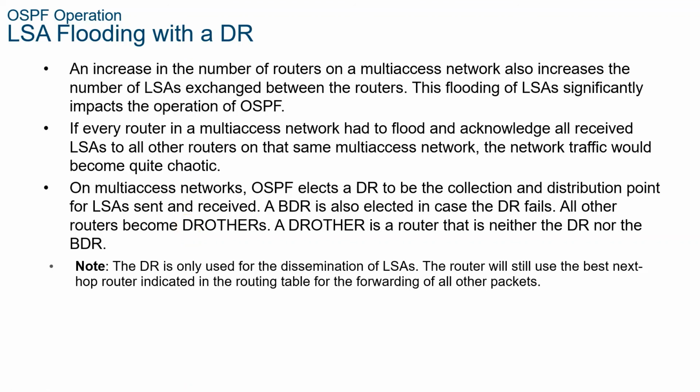The rest are considered to be DROthers. A DROther is a router that is neither a DR nor a BDR. Take note that the DR is only used to disseminate LSAs. The router will still use the best next hop router indicated in the routing table for the forwarding of all other packets.